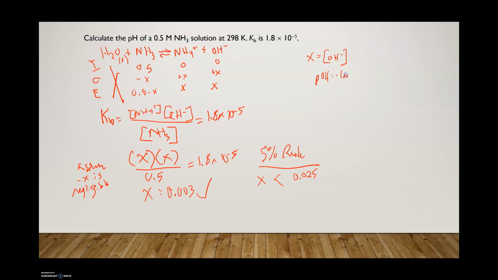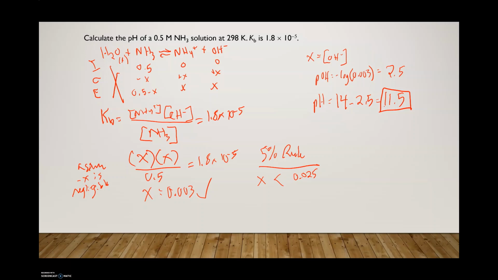So we get the negative log of 0.003. And so taking the negative log of 0.003, we end up with 2.5. Now, the question asks for the pH, so we're going to take the pH is equal to 14 minus the 2.5, which gives me 11.5 for my answer here.